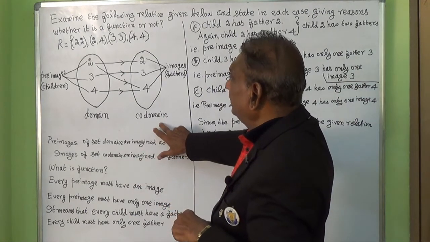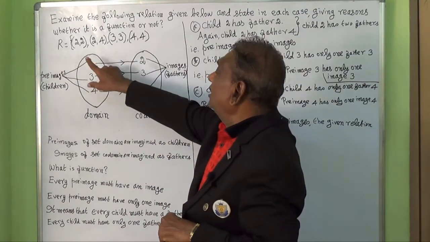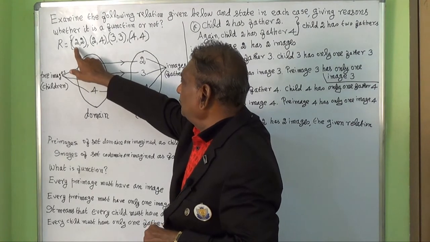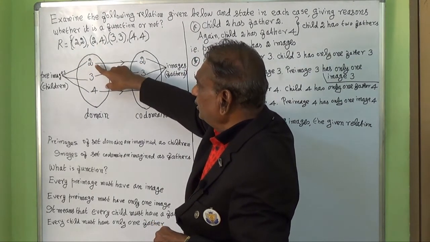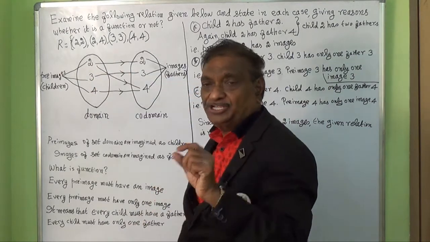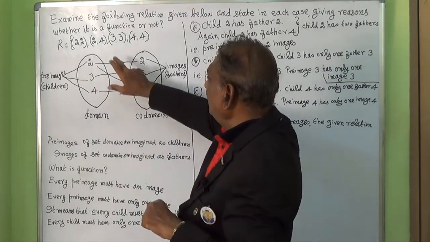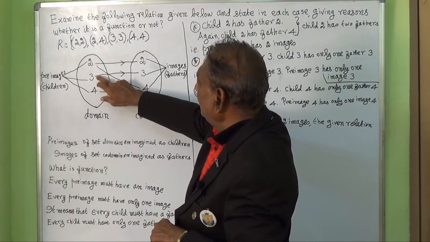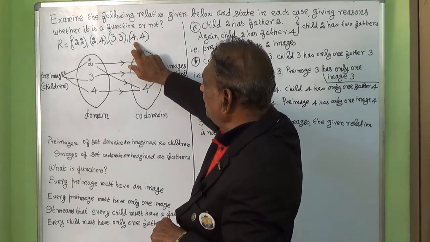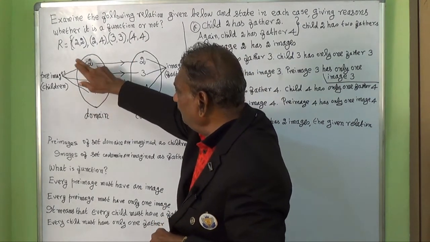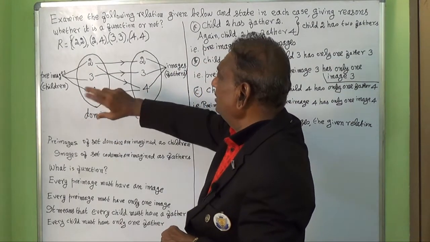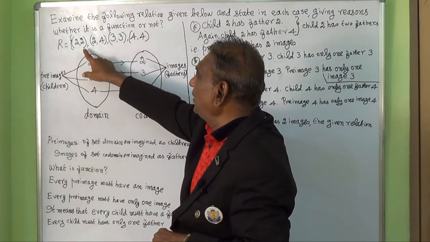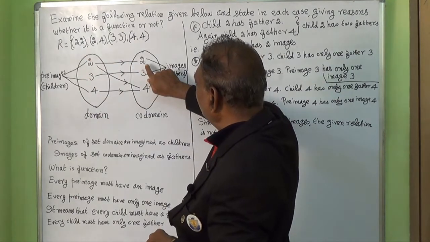codomain. The first element here is 2, here is also 2. We need not write it again, so the 2 is written only once. Then the first element 3. In this ordered pair, the first element is 4, so that we are getting the set domain. Then in the first ordered pair, the second element is 2.